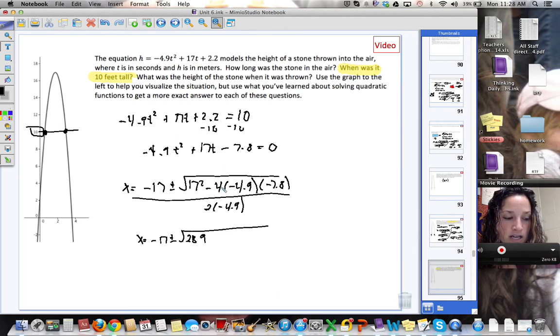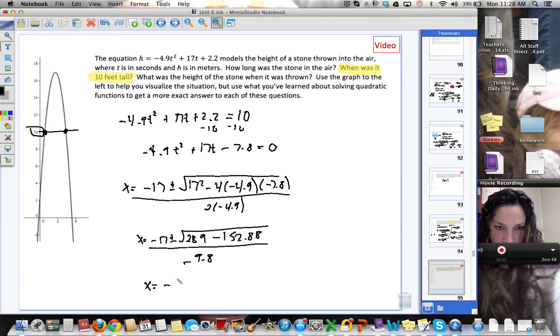So 4 times 4.9 is 19.6. 19.6 positive times a negative 7.8 is going to be a negative 152.88. And then this was a negative 9.8. So 289 minus 152.88 is going to give me, so I'm going to have x equals negative 17 plus or minus the square root of 136.12 all over negative 9.8.